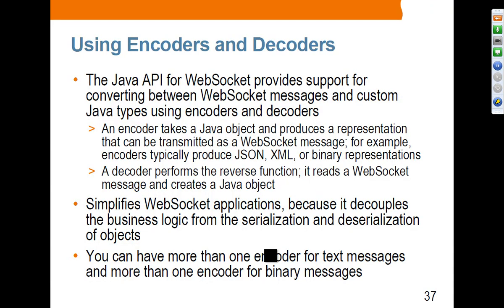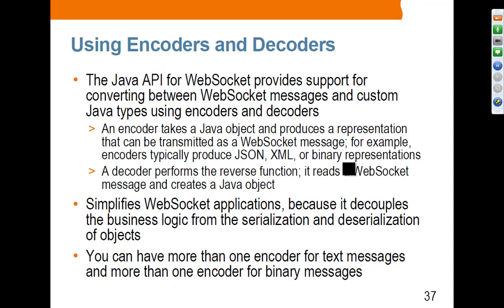You can think of them as a data binder, or a marshaller and unmarshaller. An encoder takes a Java object and produces a representation that can be transmitted as a WebSocket message. For example, an encoder may produce a JSON, XML, or binary representation. A decoder performs the reverse function. It reads a WebSocket message and creates a Java object.